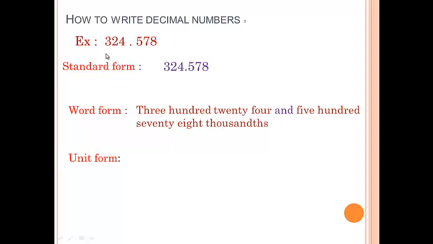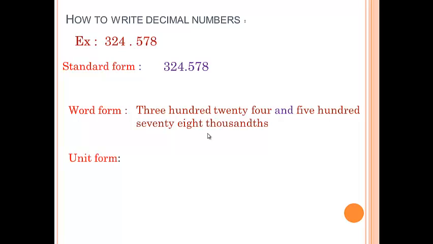As you read, write 324. Write 324. Point, this is called and. 578. Write 578. But 578 what?